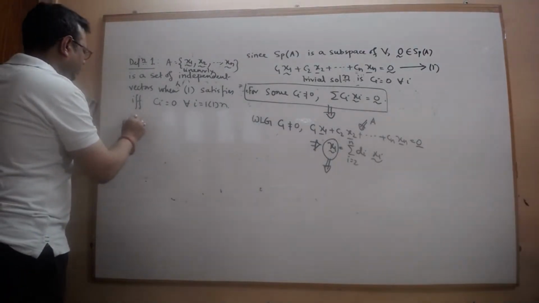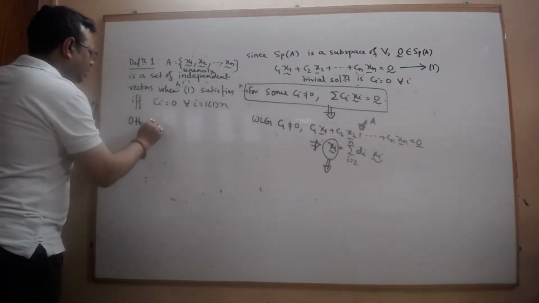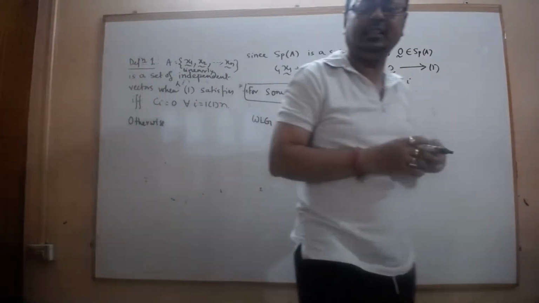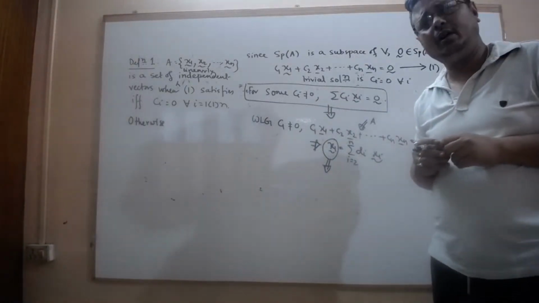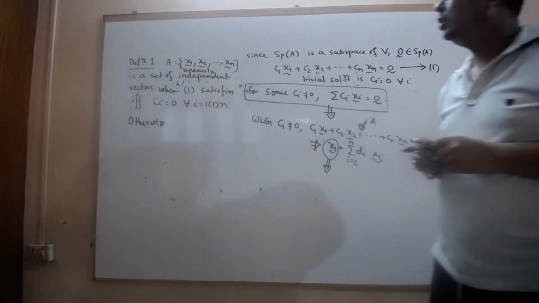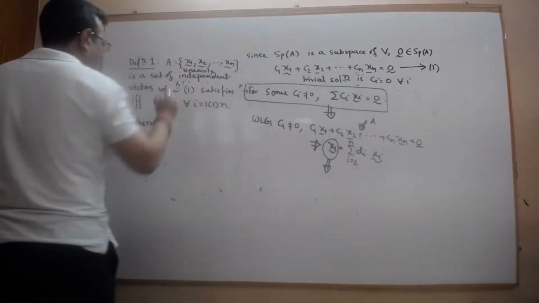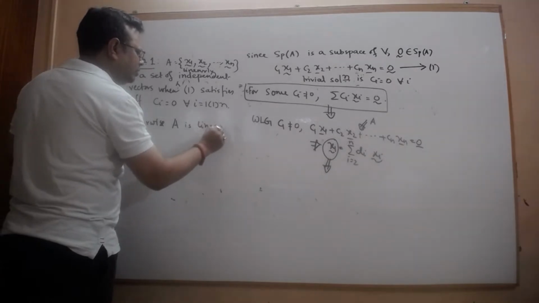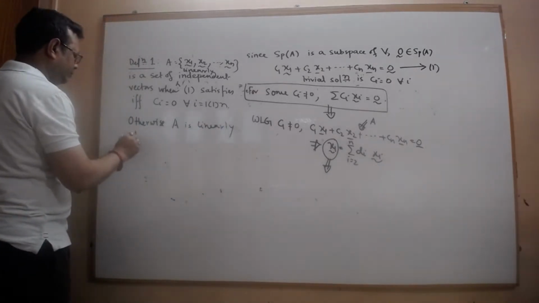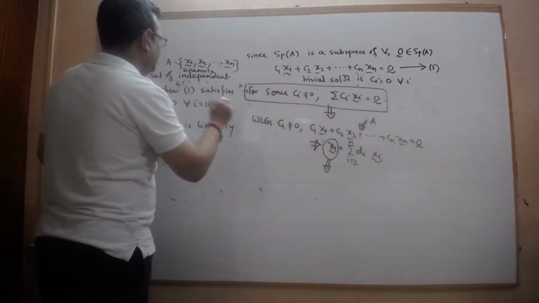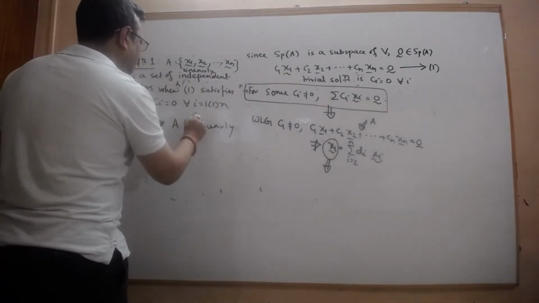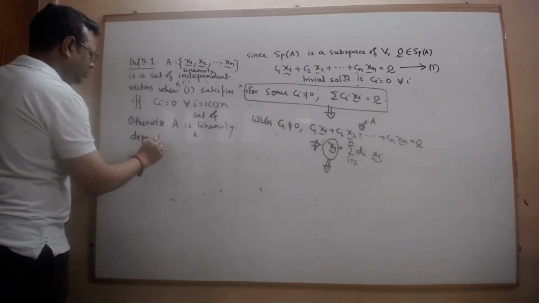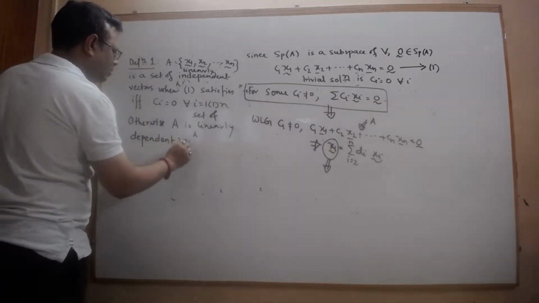Otherwise, that means there exists at least one Ci not equal to 0 such that summation Ci xi curl equal to 0 curl, then set A is a set of linearly dependent vectors.